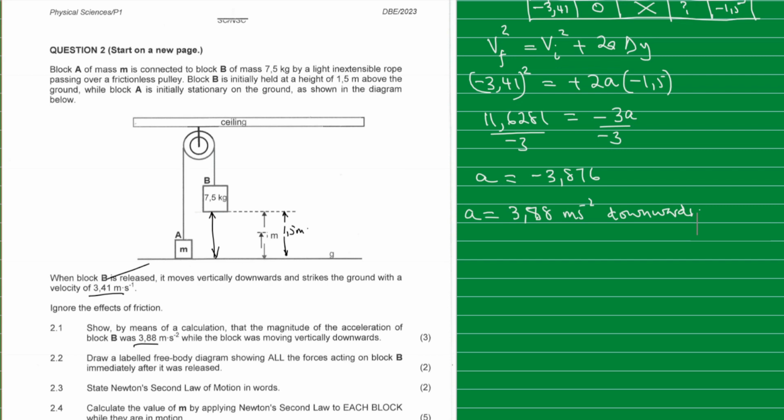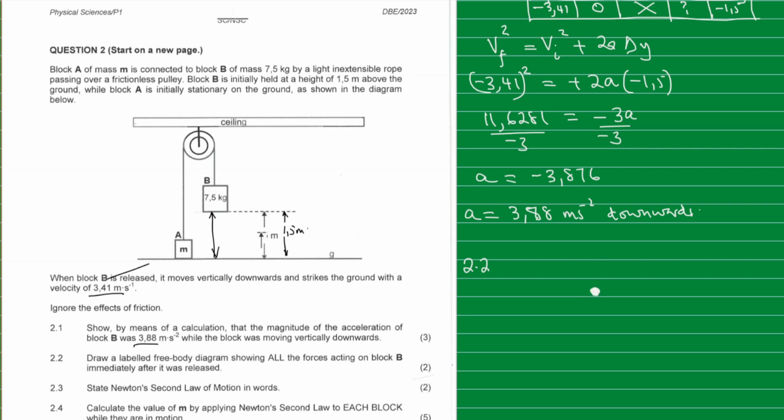Okay, that solves that. Question 2.2 is to draw a labeled free body diagram showing all the forces acting on block B after it was released. There are 2 marks here. Usually when you see 2 marks, it means that we have 2 forces. So as it is moving, the free body diagram is represented by a dot.